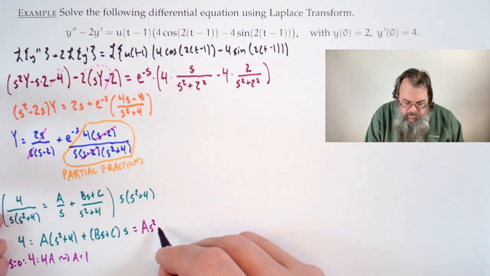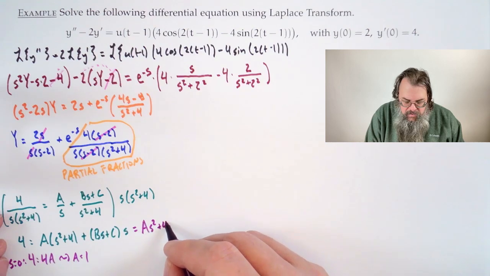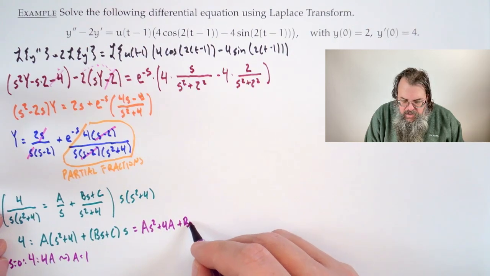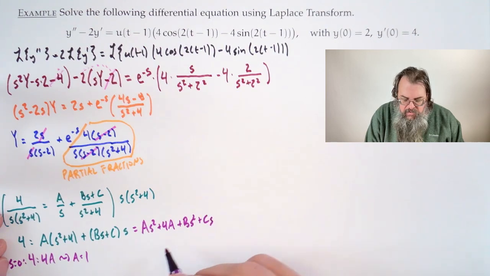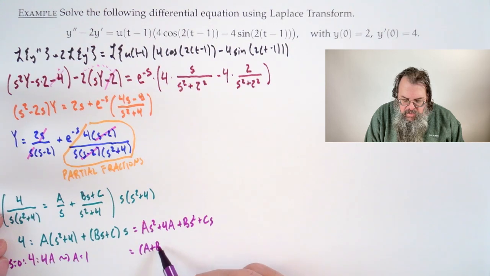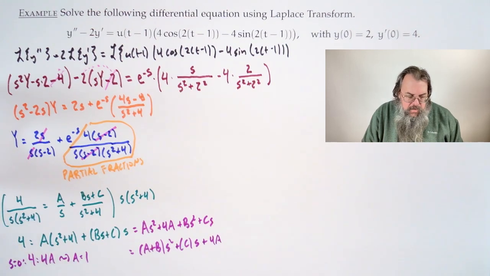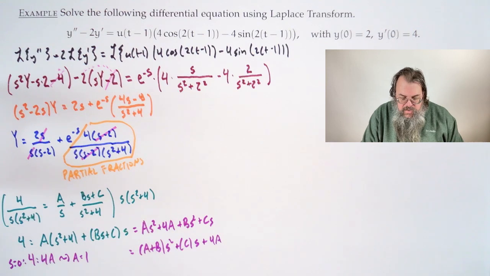So A times s squared plus 4A, of course we know A is 1, plus Bs squared plus Cs. Well, that's really A plus B times s squared, plus C times s, plus 4A. And now we compare it to the other side.